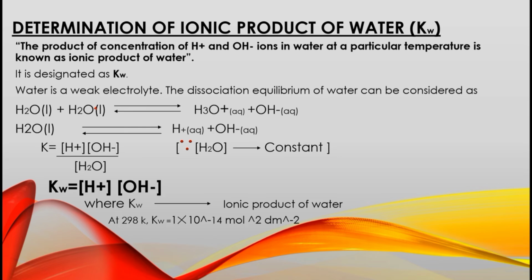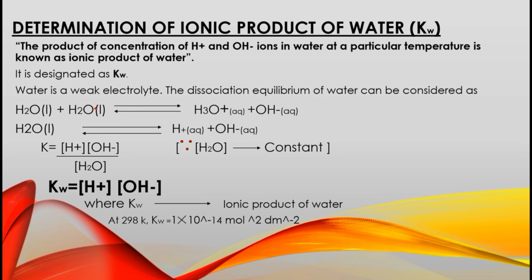The dissociation equilibrium of water can be considered as H2O + H2O giving H3O+ and OH-. Here we have two water molecules, wherein one water molecule is accepting a proton and producing H3O+, while the other water molecule is donating a proton and forming an OH- ion.